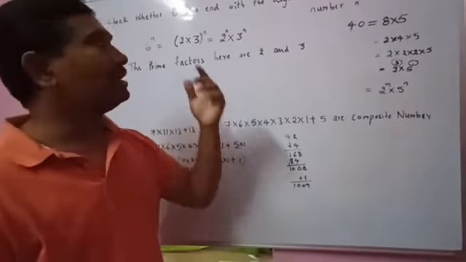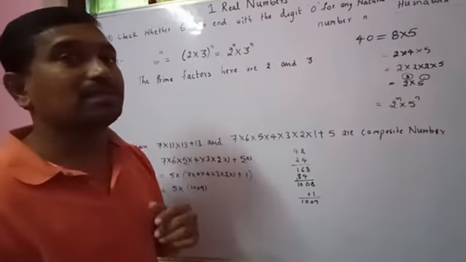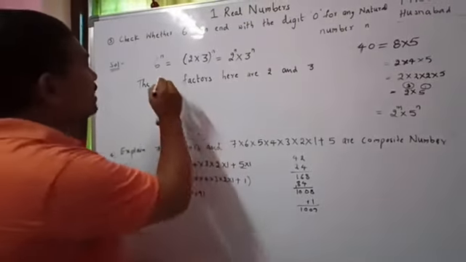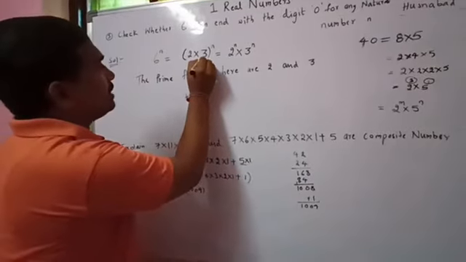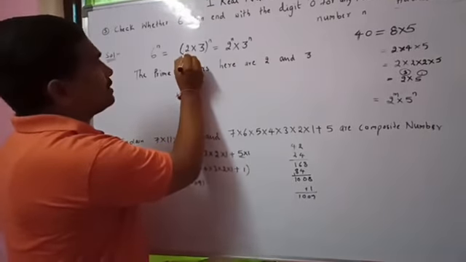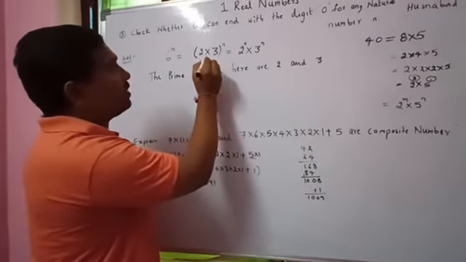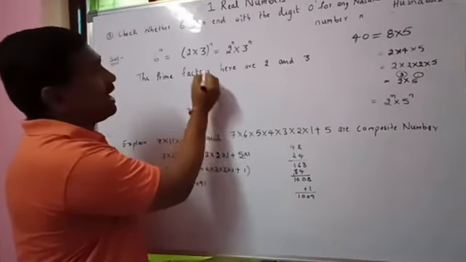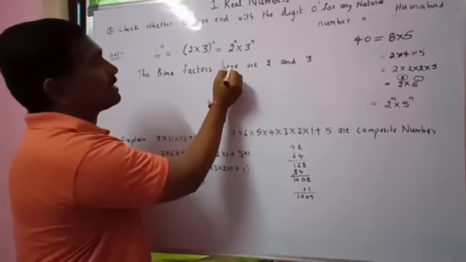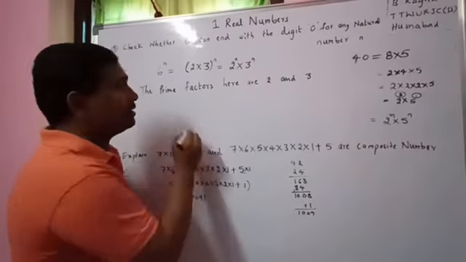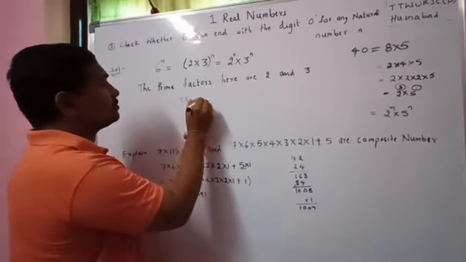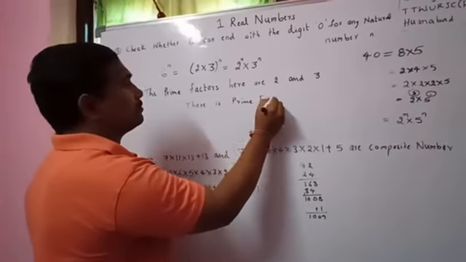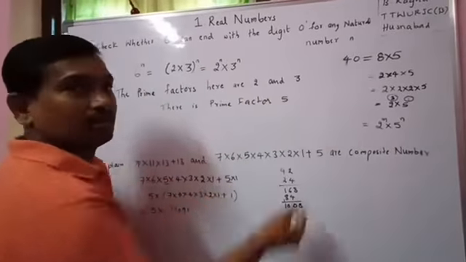Let us check here. Does this 6 power n have factors 2 and 5 or not? So here 6 can be written as (2 into 3) whole to the power n. That can be written as, from the law of exponents, 2 power n into 3 power n. So 6 power n has only prime factors 2 and 3. There is no prime factor 5.